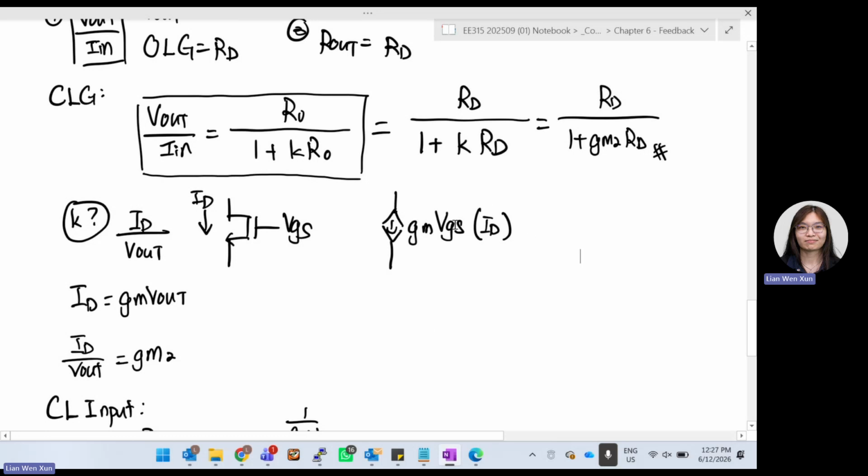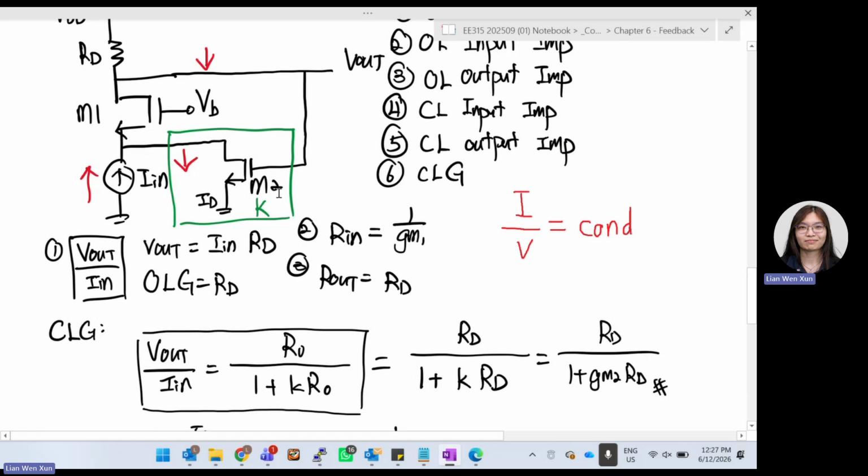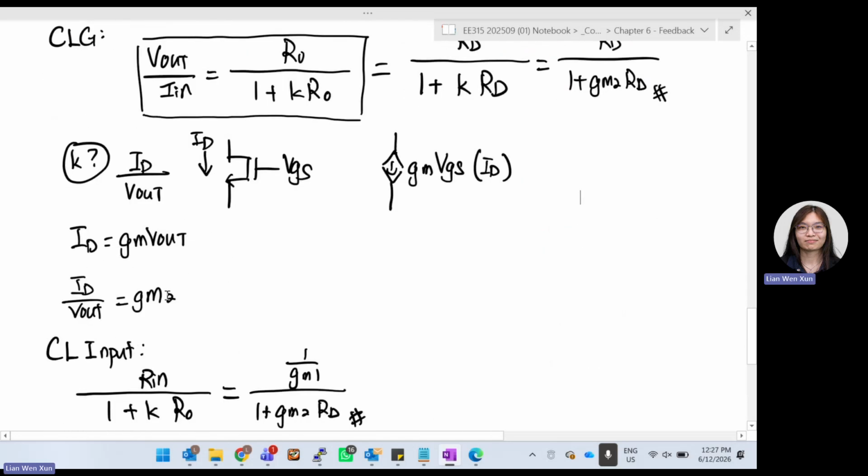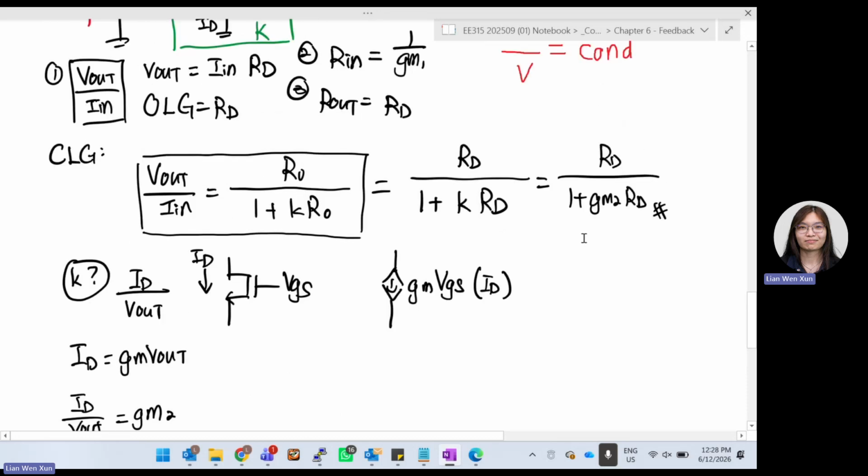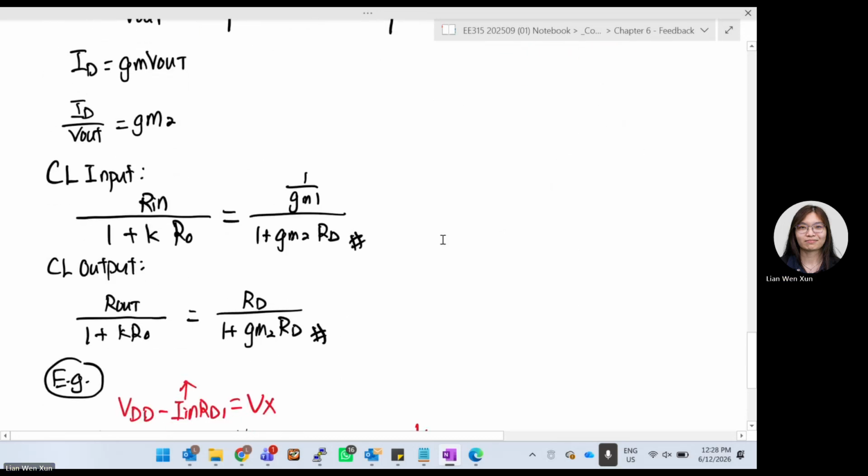So GM VGS, and then this will be my ID. So I can say ID is equal to GM VGS. But this VGS now is actually my V out. This is the output. So GM V out. That's why ID over V out is equal to GM2. So we put K equal to GM2.